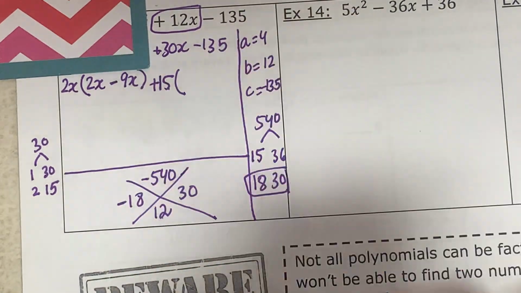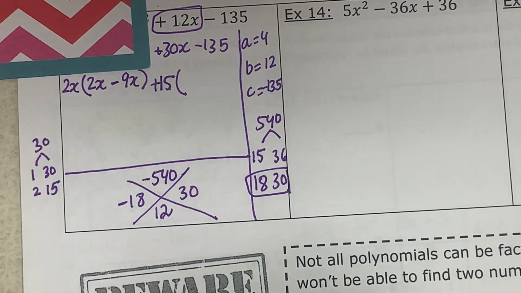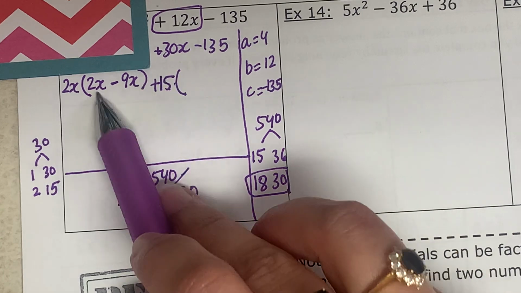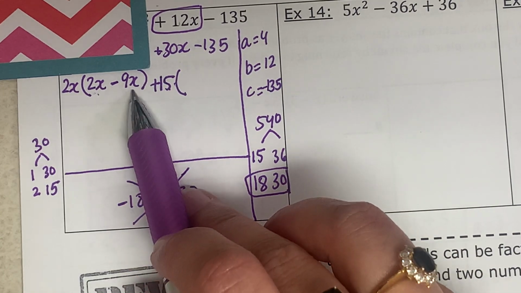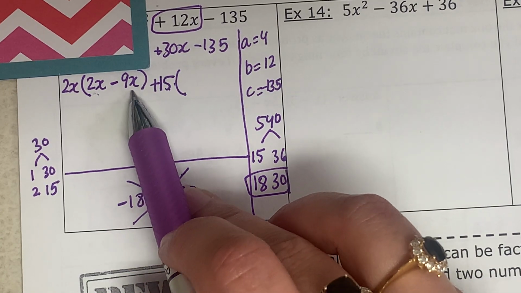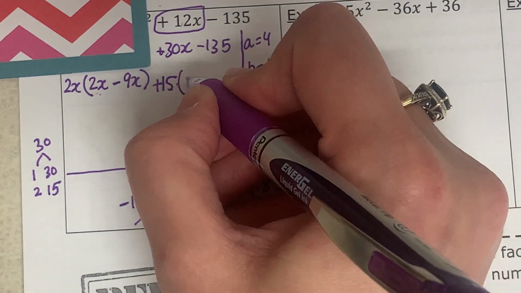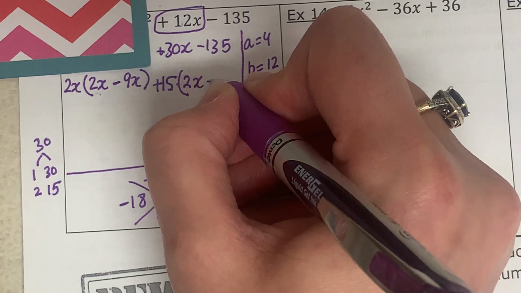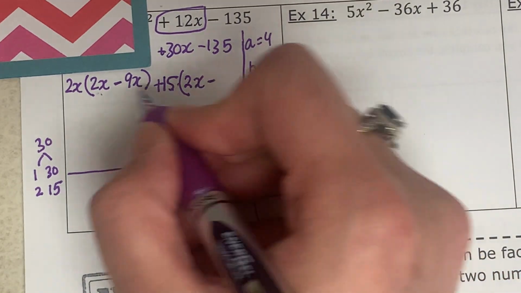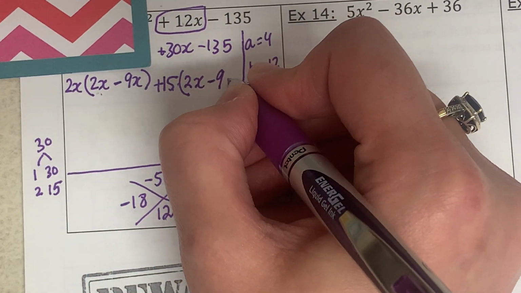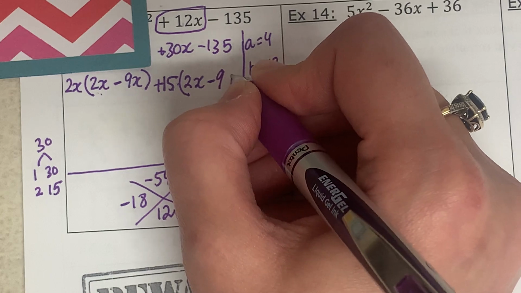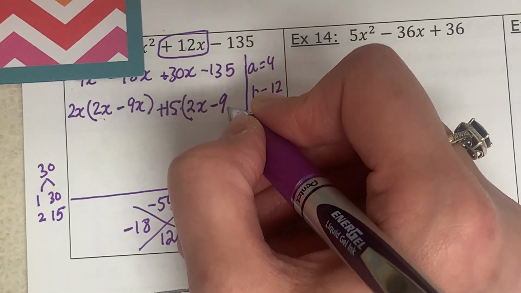How did I know? Because when I divided, I should get 2x minus 9, and I wasn't getting that. So I knew there's something wrong. So 30 divided by 15, you are left with 2x. Minus 135 divided by 15 is actually 9. So that's another way of checking whether you're getting it correct or not.